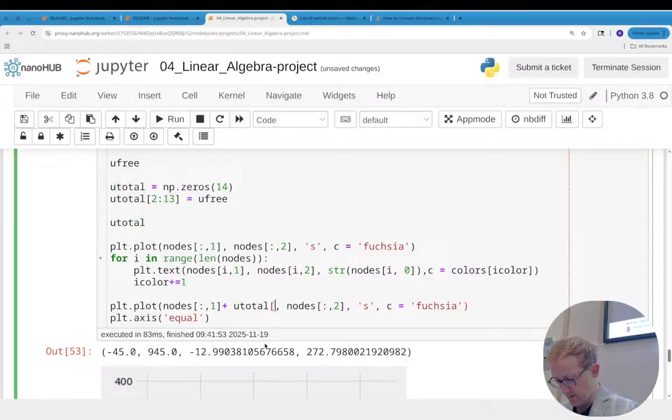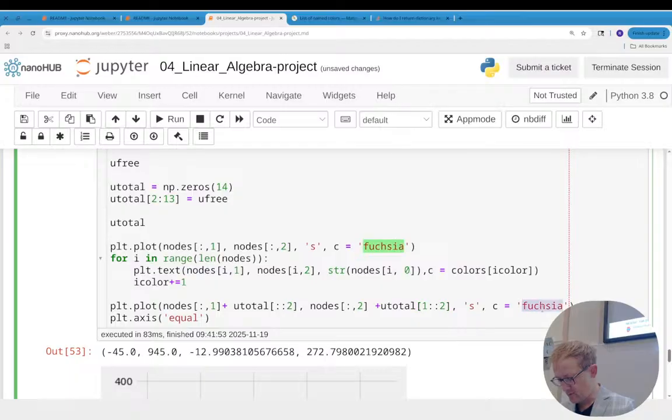Here I want to start at 0 and skip every other one, and here I want to start at 1 and skip every other one. So I can grab all the X locations and all the Y locations and add those to where they were to begin with.